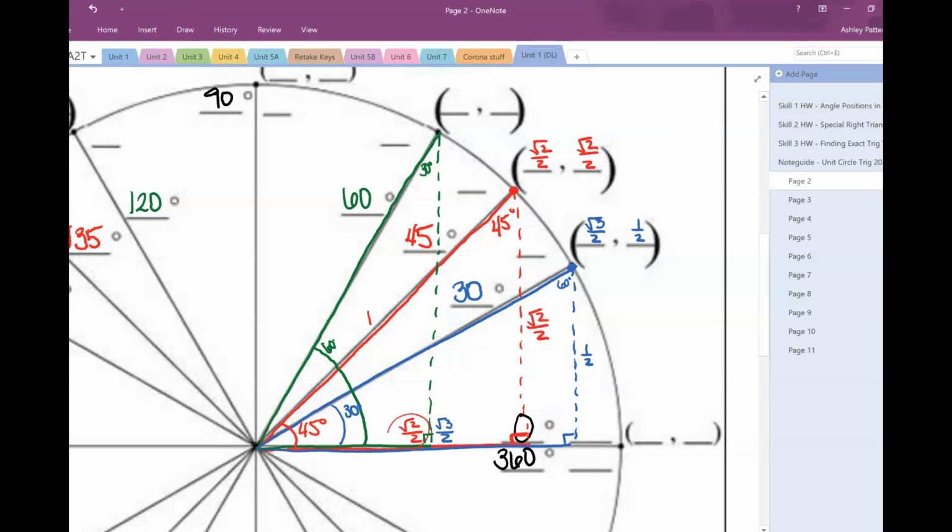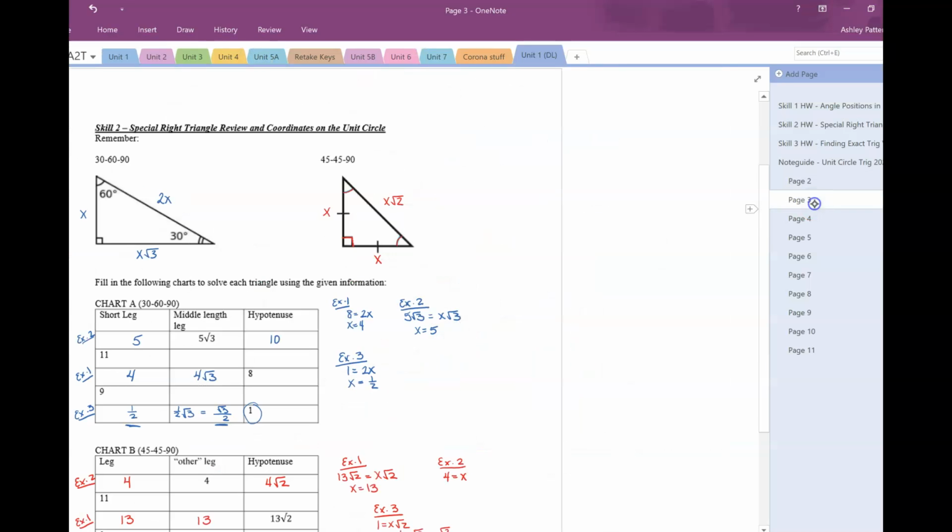There we go. Going back, because of the relationships with our right triangles, if the hypotenuse is 1, so our radius, then the side across from 60 is rad 3 over 2. The side across from 30 is 1/2.